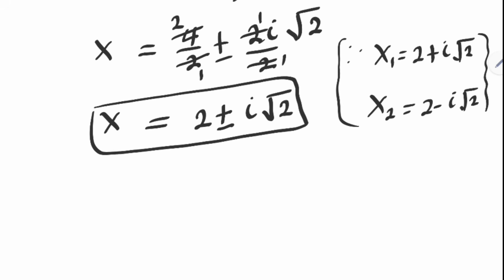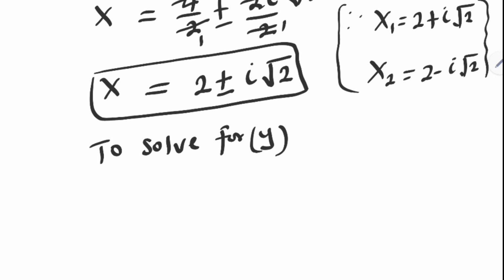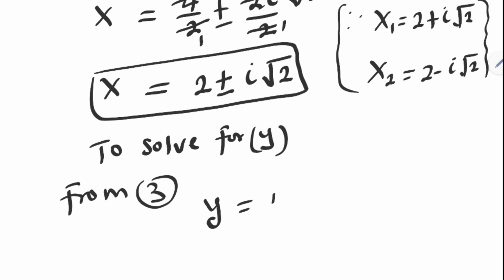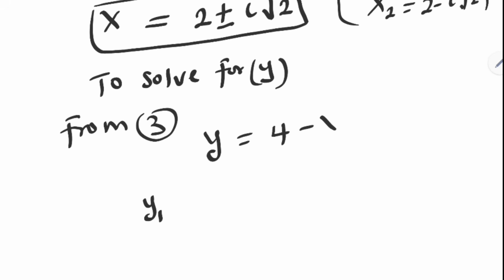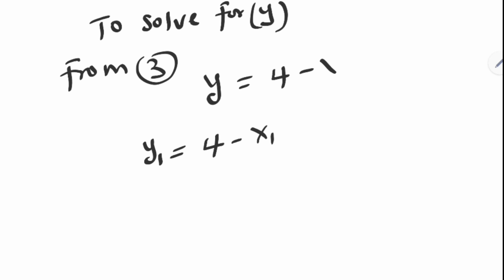We've gotten the values of x. Let us solve for y. To solve for y, from equation 3, y is equal to 4 minus x. y1 is equal to 4 minus x1, then y2 is equal to 4 minus x2.